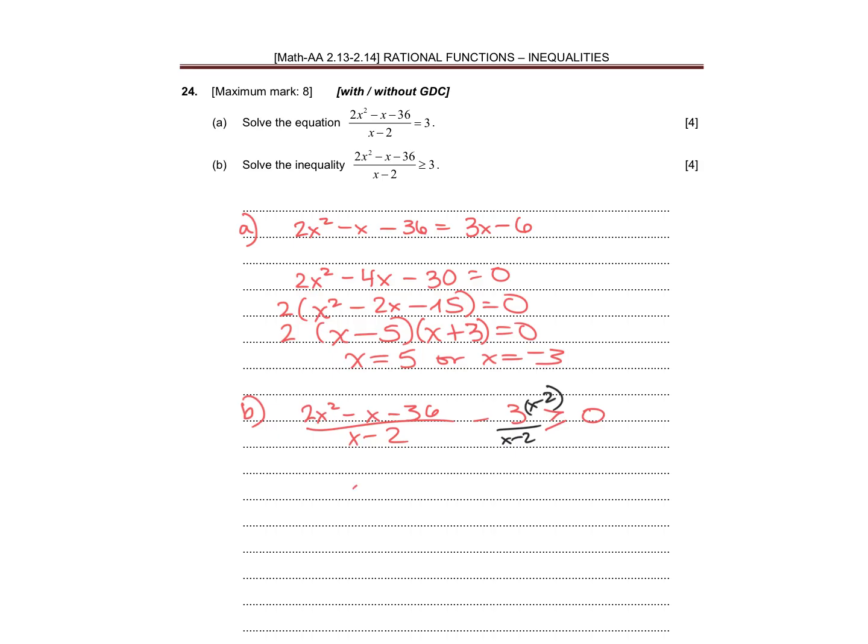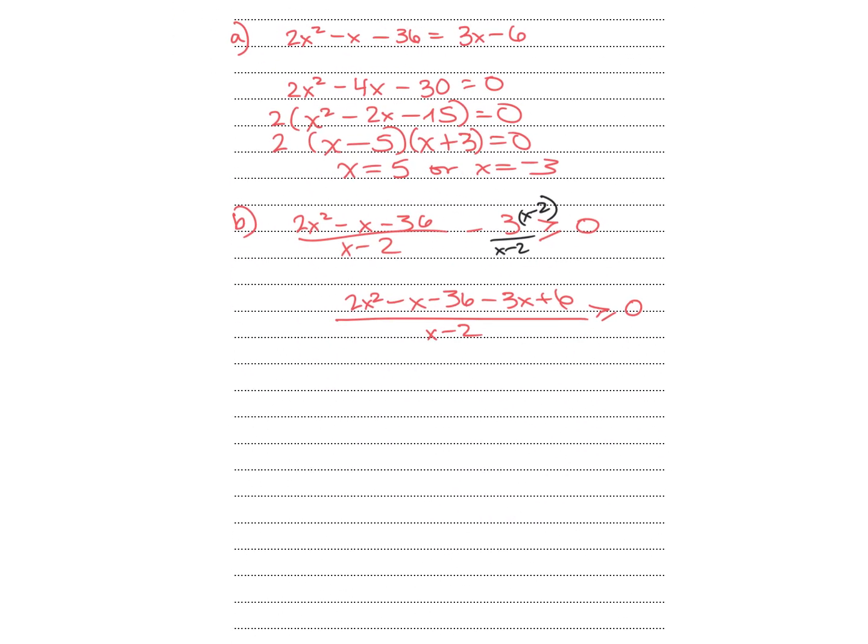So that we have 2x squared minus x minus 36 minus 3x plus 6 over x minus 2 greater than or equal to 0. So 2x squared minus 4x minus 30 over x minus 2. This factors, and we already have done that up top.